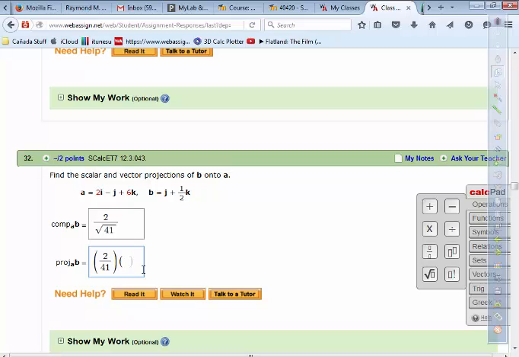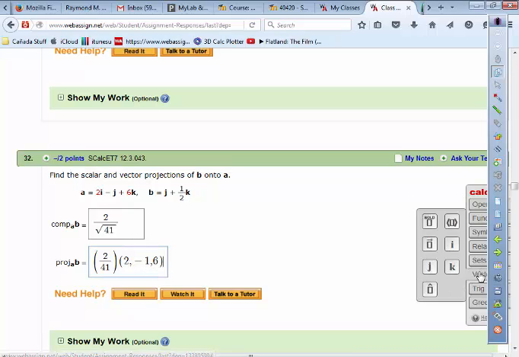But let me try to put parentheses and see what happens. 2, minus 1, and 6. If you're really confident that this is the correct answer and it's not marking as correct, then you might need to change the parentheses into those vector brackets that they have here, or you can use i, j, and k and see what happens.